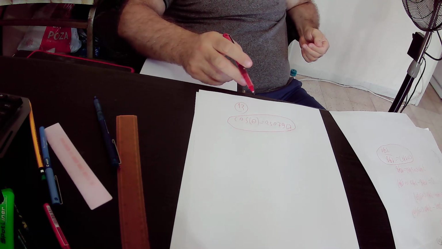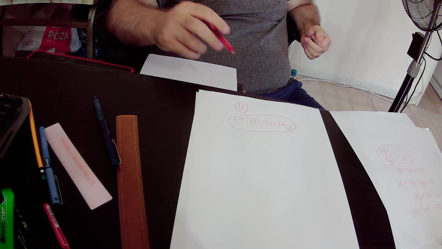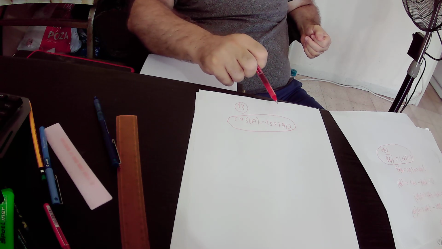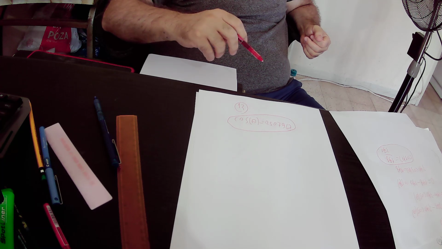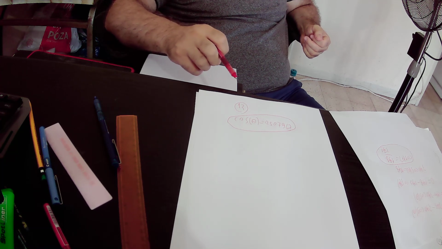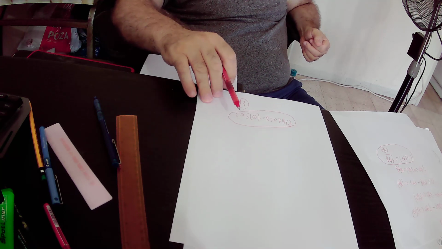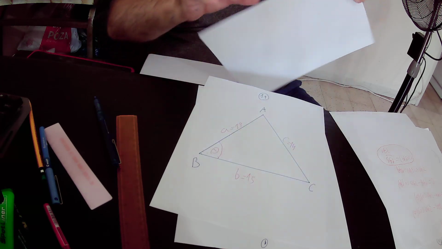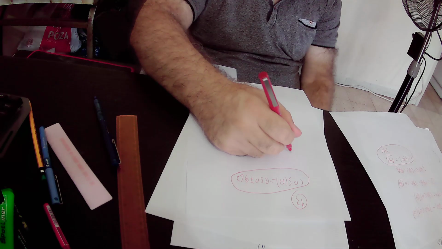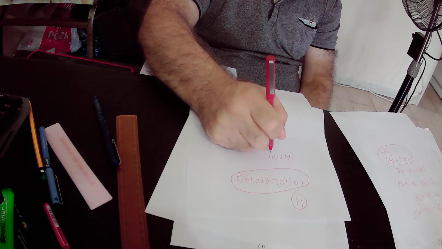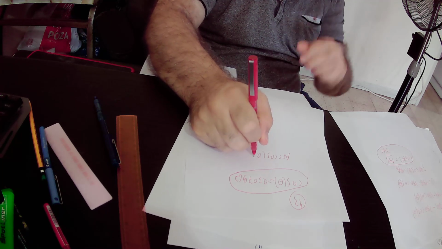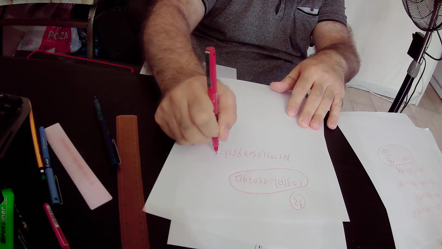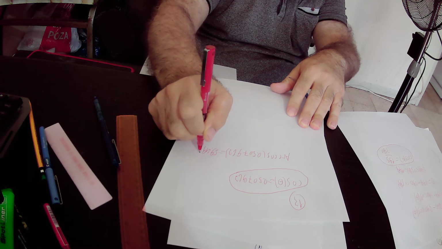Actually, we want to find the value of theta itself, so we apply the inverse function of cosine on the outcome in order to get the value of theta. The inverse function of cosine is arccosine, so arccosine of 0.507962 equals 59.49 degrees.